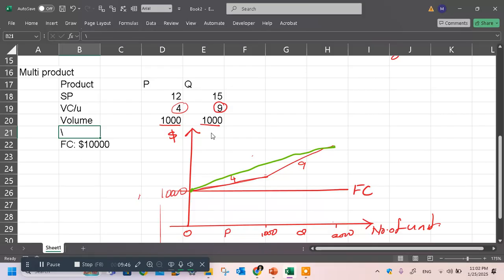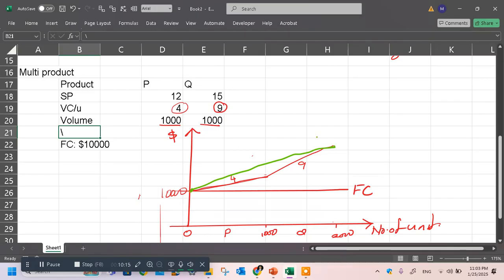If you are constantly selling P and Q together at a 1:1 ratio, then the graph will be like this green graph. Repeat, red graph means first you are selling only P, no Q. Finish all the units of P, then you are selling Q. Green graph is you are selling P and Q at a constant ratio of 1:1.